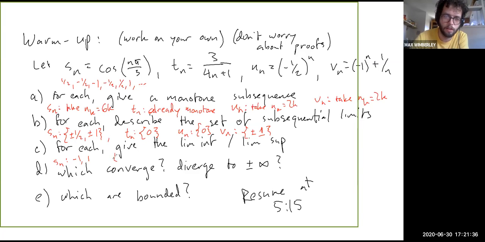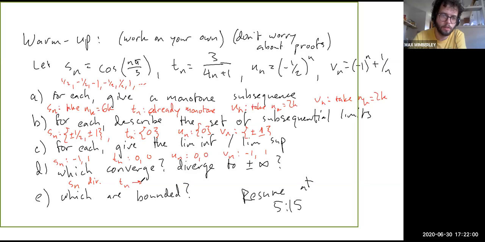So for Tn, you'd get 0 and 0. For Un, you'd get 0 and 0. And for Vn, you'd get -1 and 1 again. This one should have been pretty easy. Sn diverges, and it doesn't even diverge to plus or minus infinity.